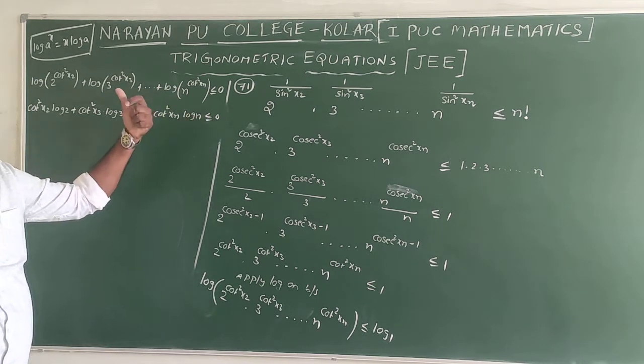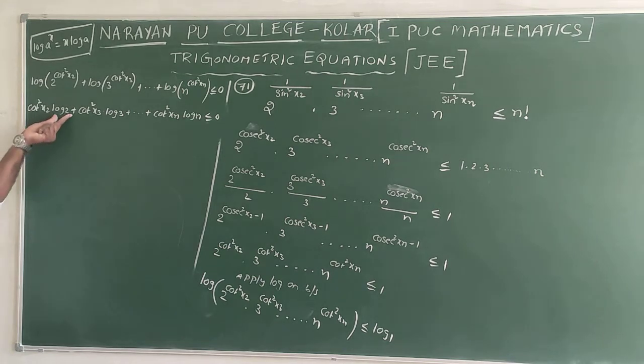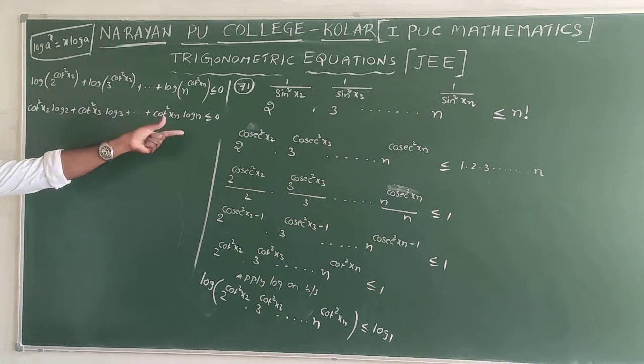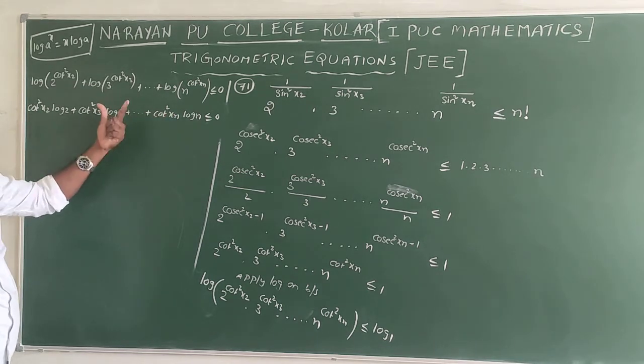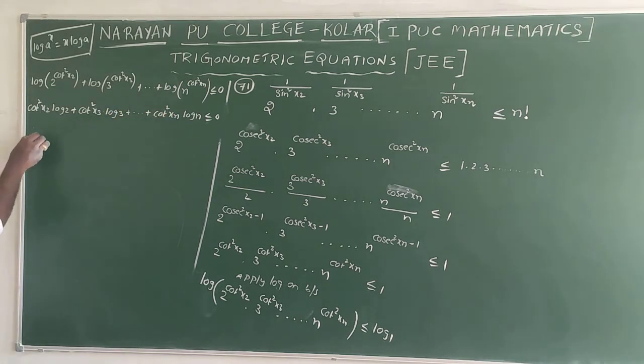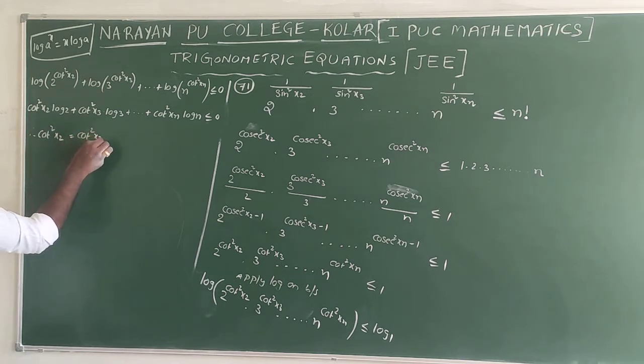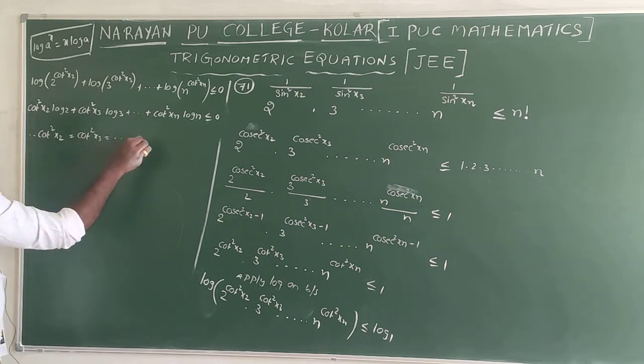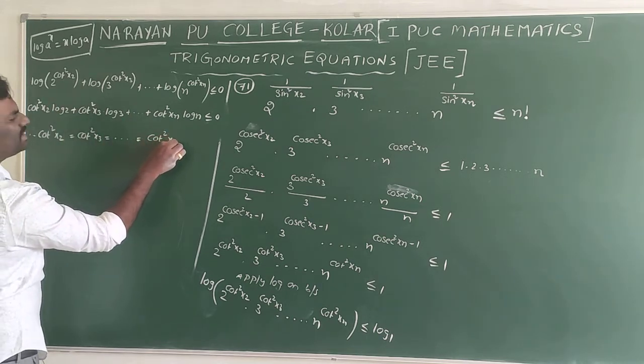Here I am taking equal to. For equal to, these values are non-zero. Log 2 value, log 3 value, these are non-zero. Obviously, these are non-zero, so which values are 0? Therefore, I can write cot square x2 is equal to cot square x3 is equal to, and so on, cot square xn is equal to 0.